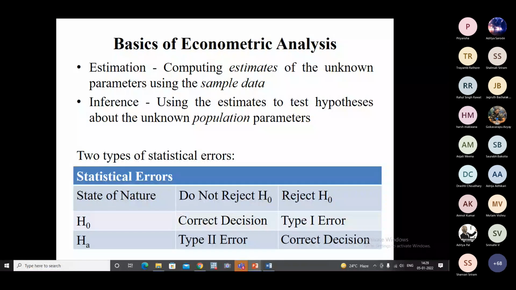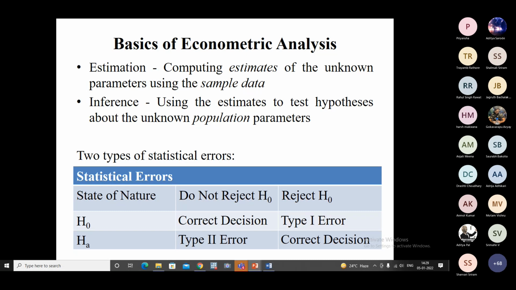Now, I'm not getting into the statistical part right now, particularly in terms of the two types of errors that we talk about while testing of hypothesis. And because all of you have done the course probability and statistics, you have clear idea about this. I'll be basically focusing on subsequently the trade-off between type 1 error and type 2 error.